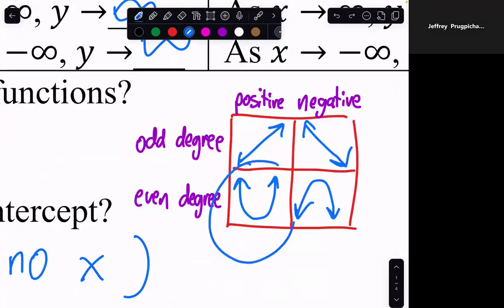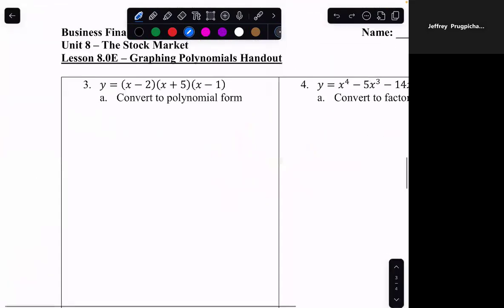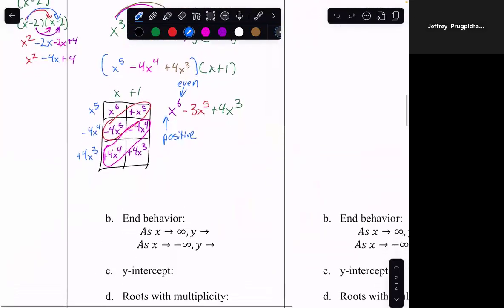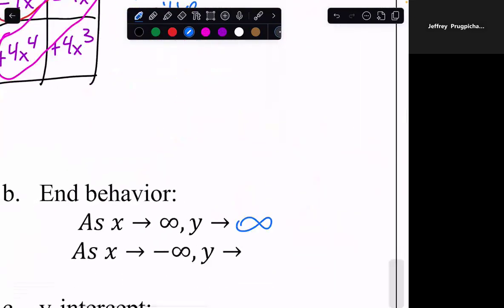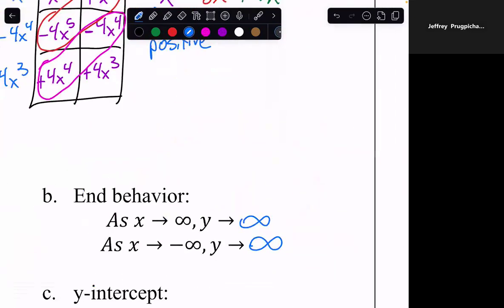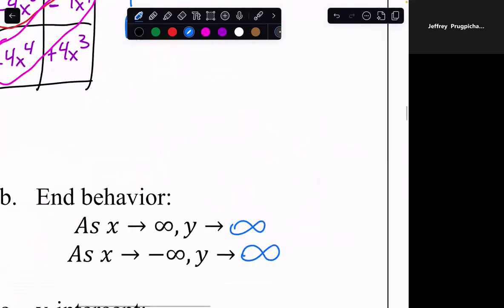Even degree and positive means both ends point upward. So both ends go towards positive infinity. That's the way to state the end behavior, but I always like to just draw a little picture. So both ends are going to point upward.